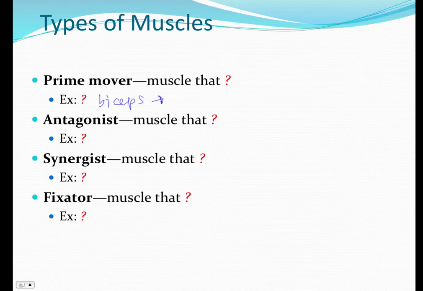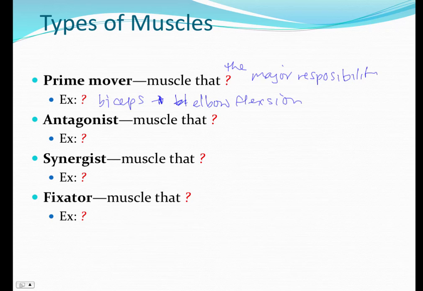So biceps are critical for elbow flexion. So muscles with the major responsibility for a movement.